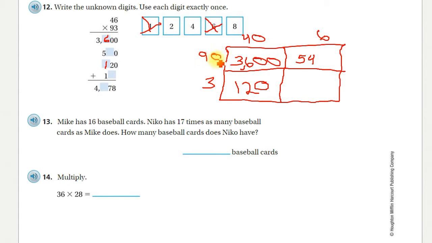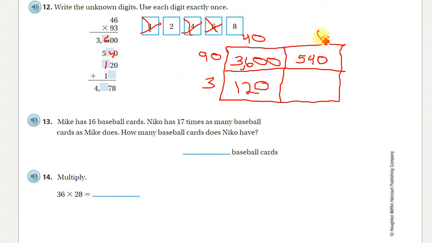And then add my 1 zero. Okay, I look back at my problem, 5 blank 0, 5 blank 0, so that 4 must go in the blank. And now I've used my 4 up. Ooh, got a little sloppy there, 540.